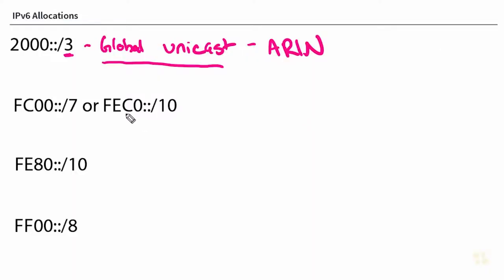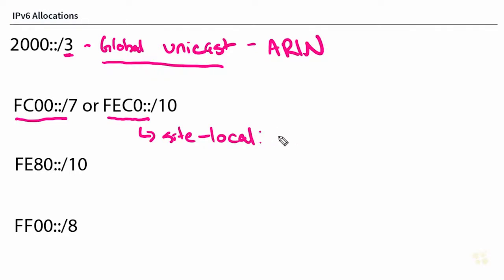Jumping back now to the diagram, we see that we have a couple here. This is FEC0 and FC00. The FEC0 is called a site local address, and this is kind of like a private address space that would be used by an entire site.